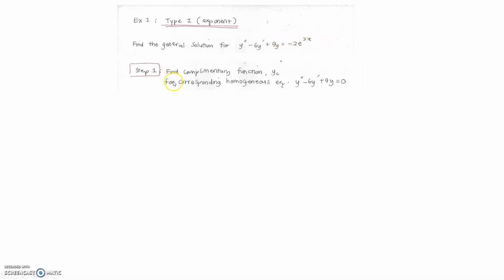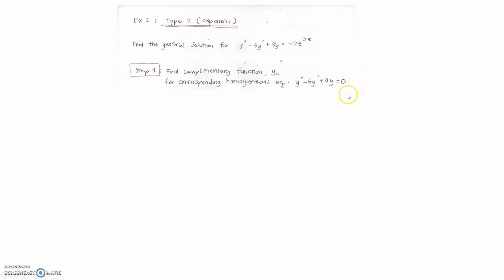Step number 1, you need to find the complementary function yc. Basically, this complementary function is the corresponding solution for the homogeneous equation. This equation is non-homogeneous, so make it homogeneous by replacing the function with 0.